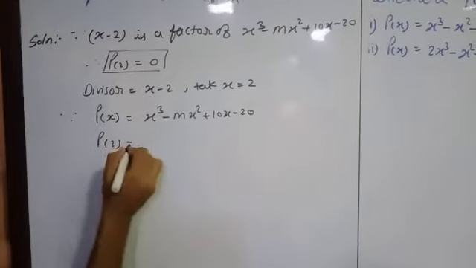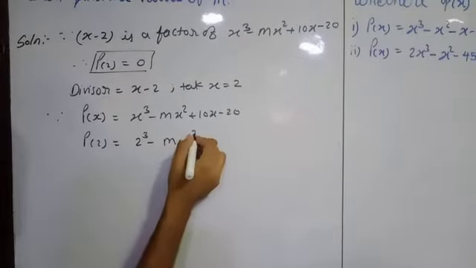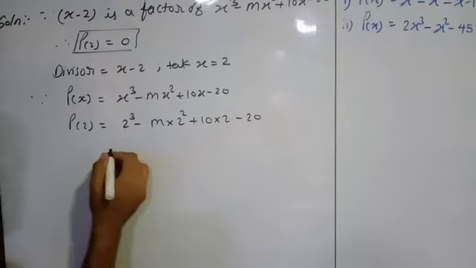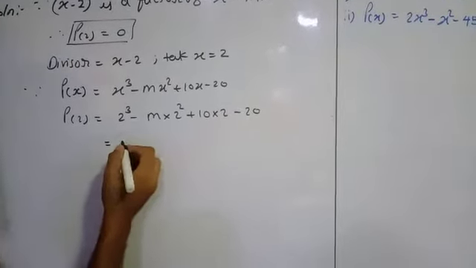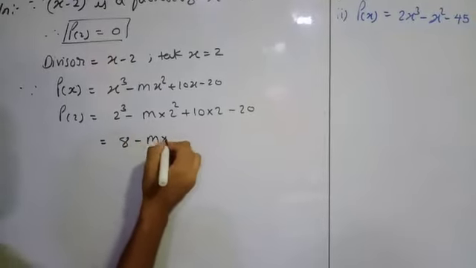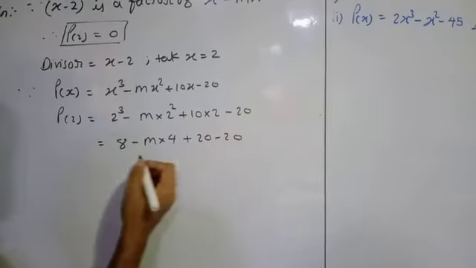Therefore, P(2) is equal to cube of 2 minus m into square of 2 plus 10 into 2 minus 20, which is 8 minus m into 4 plus 20 minus 20.